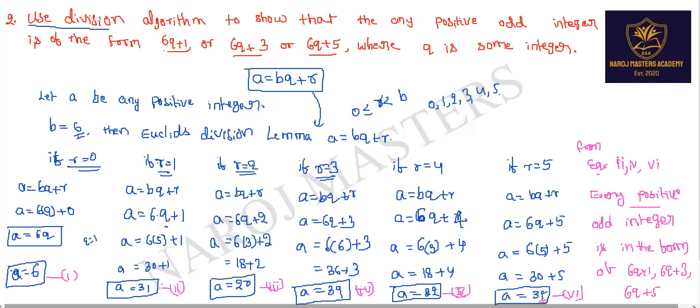Look here, odd integer, odd integer, and odd integer. Is it correct?